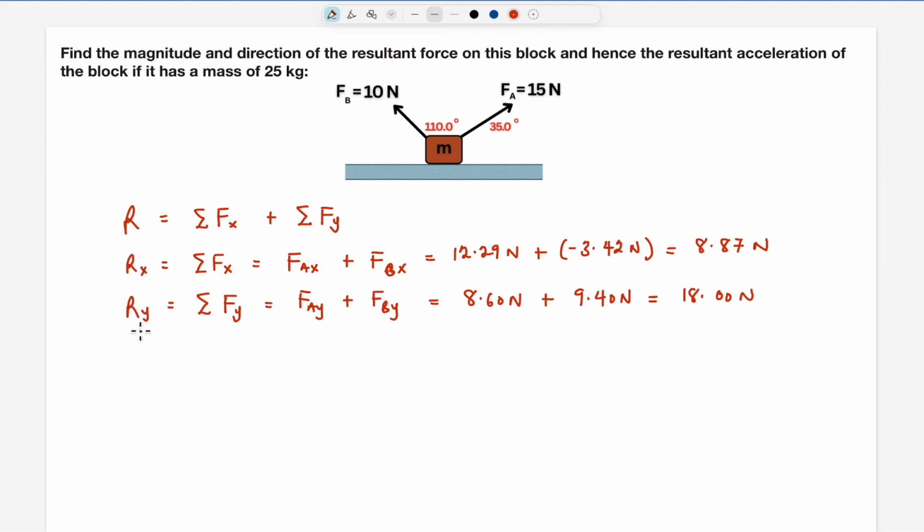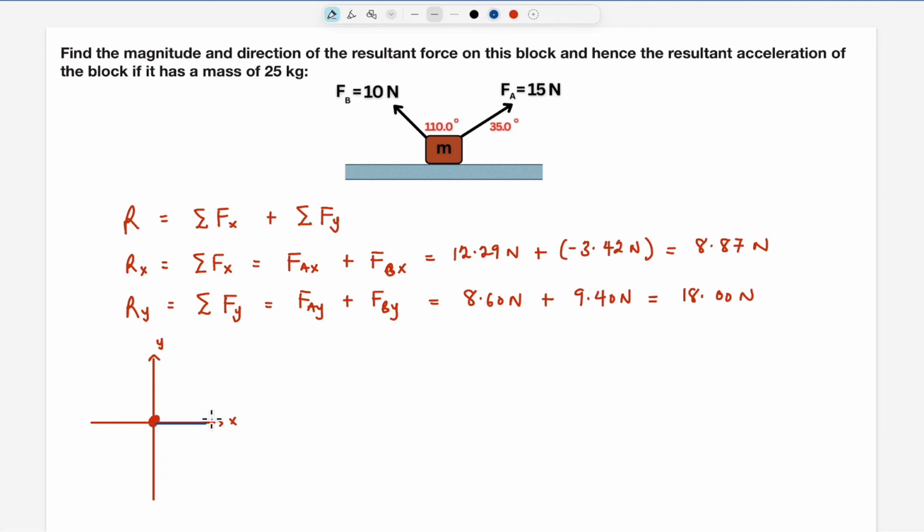Now we can visualize this, because we know Rx and we know Ry. If we go back to our coordinate system, we can see that Rx has to be along the x direction and Ry has to be along the y direction. So if we place the center of mass of this block here at the origin, Rx, which is 8.87, is going to be along the x direction.